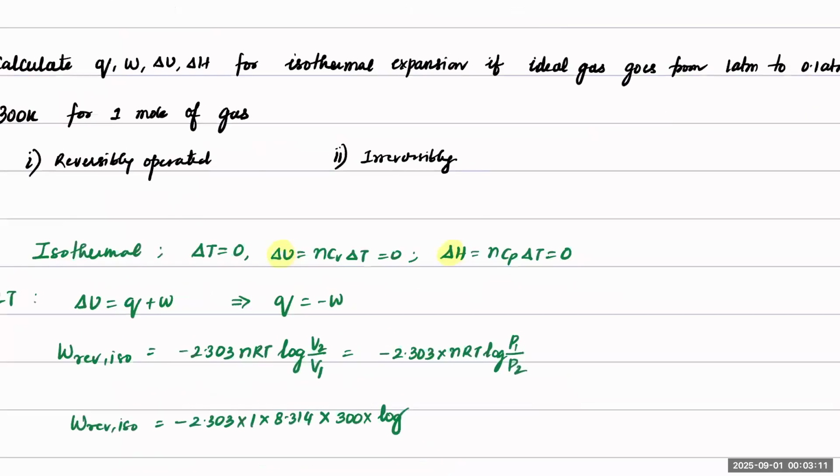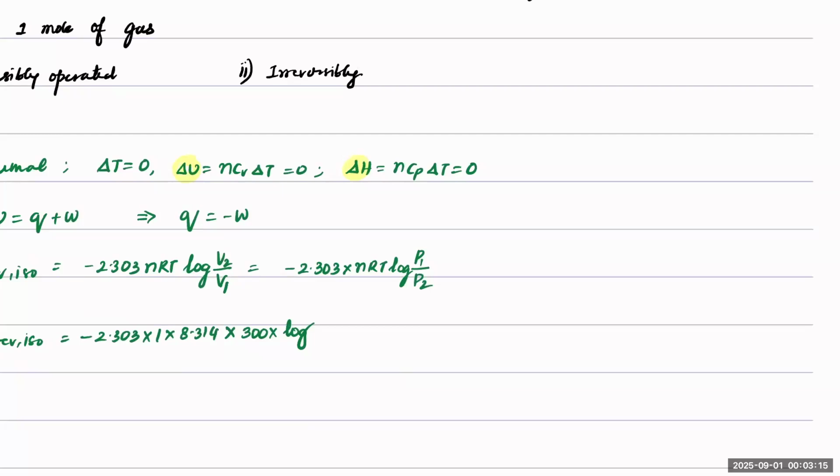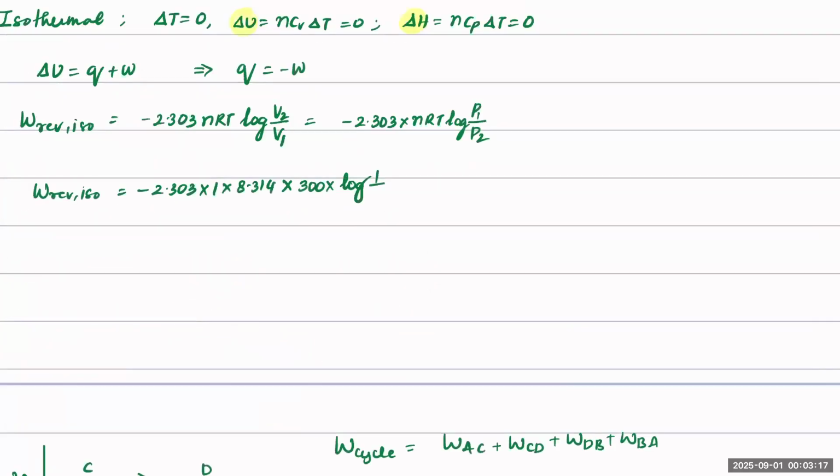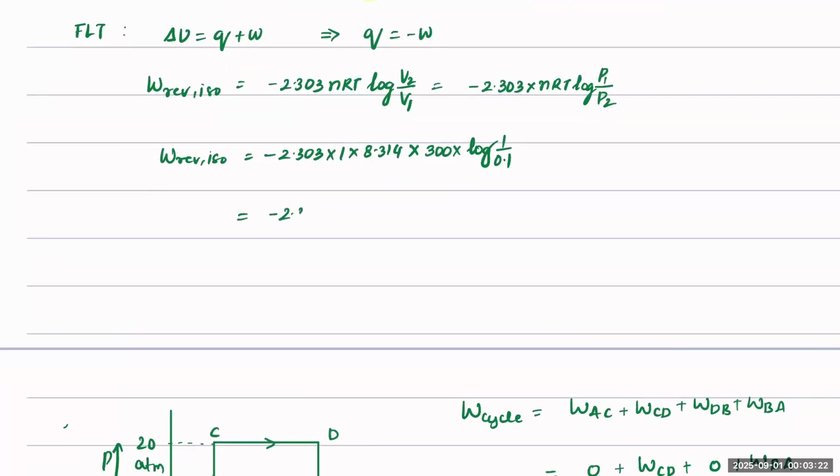P1 is 1 divided by P2, which is 0.1, so that is log 10, which is 1. So minus 2.303 into 8.314 into 300 joules. Done.